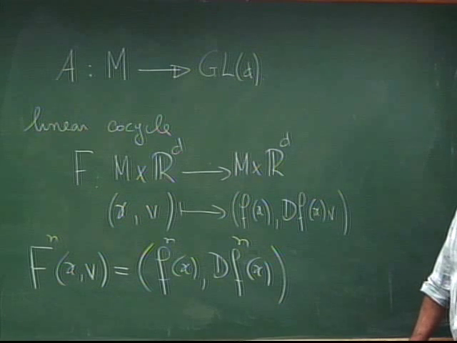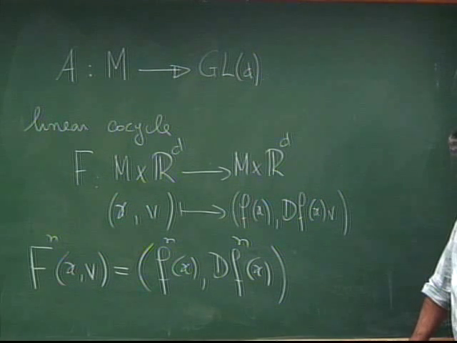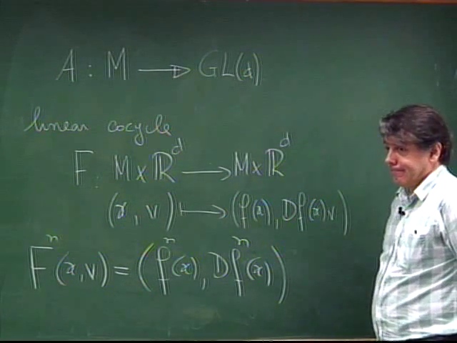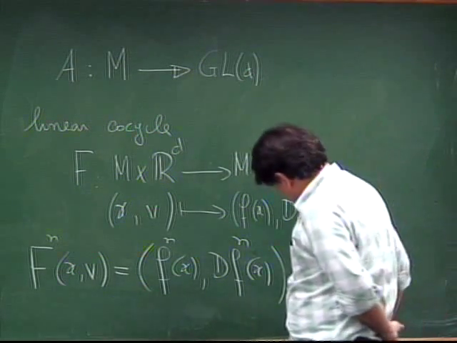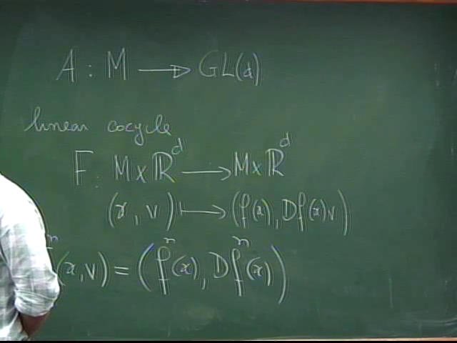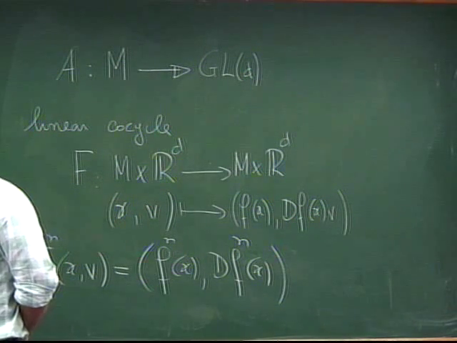Question. Where did I use the fact that M is the torus? Here. I said the tangent space is Rd.